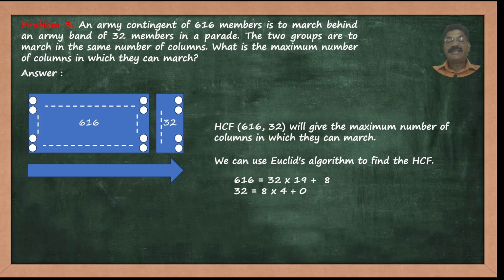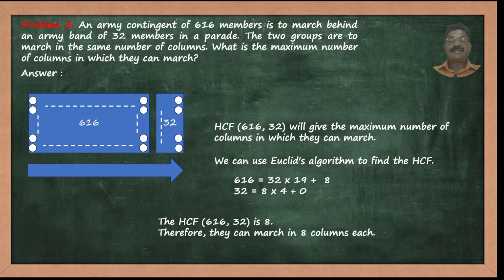In the second stage, we divide 32 by 8. The quotient is 4 and the remainder is 0. Therefore, we have to stop here. The divisor is 8 at this stage. Therefore, the highest common factor of these two numbers is 8. Therefore, they can march in 8 columns each. That is the answer.